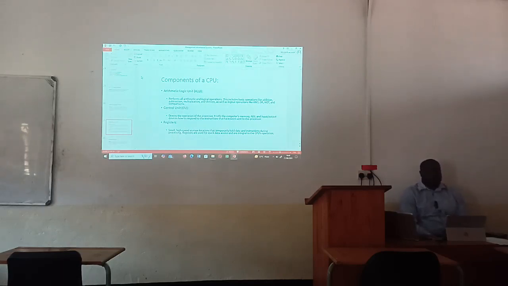In other words, it's a working area for the processor. It's a temporary storage that the computer uses to execute programs. The bigger the RAM, the more programs it's able to execute. The smaller the RAM, the fewer programs it's able to execute. That is why you have some computers which are faster, others slower, right?